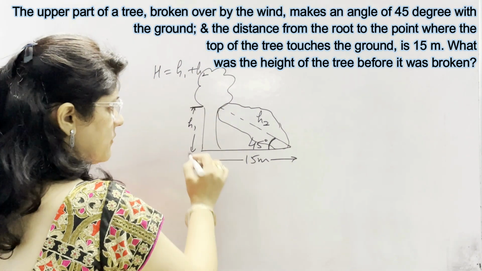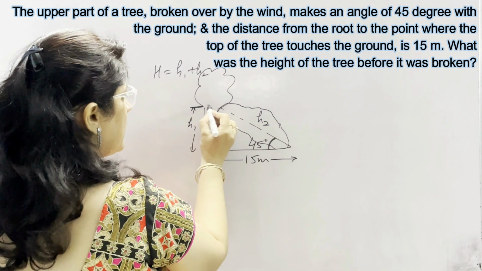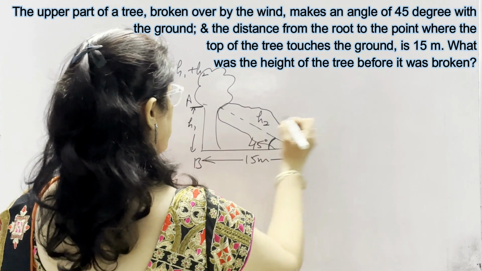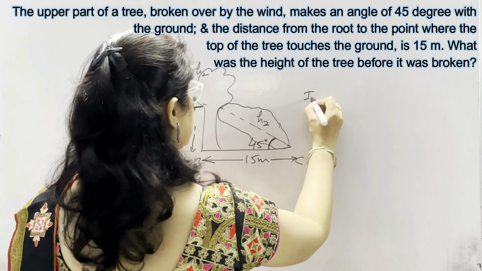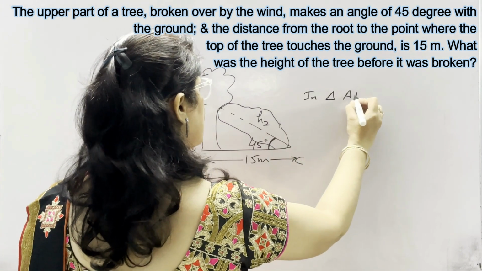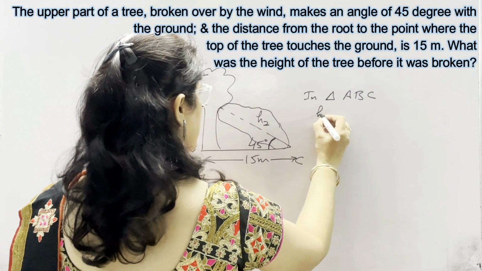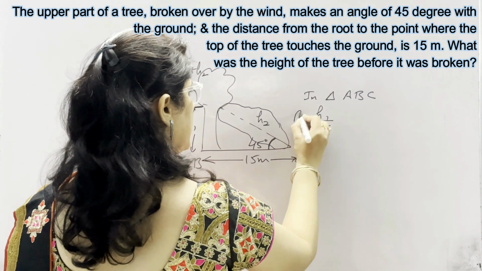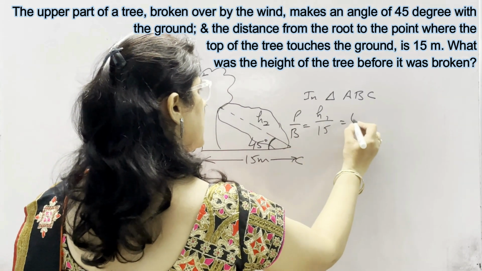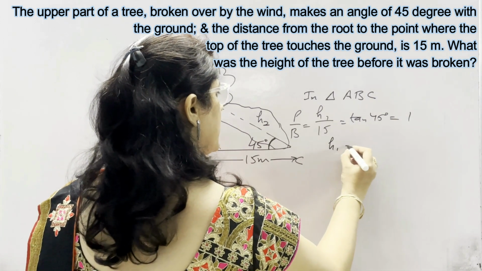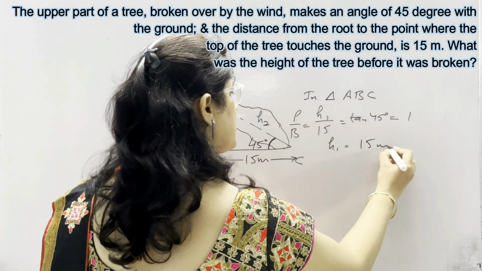Now first we need to calculate in this triangle, suppose this is A, B and C. In triangle ABC, this is P and this is B. So h1 upon 15, it means P upon B is tan theta, tan 45, its value is 1. So h1 cross multiplying is 15 meter.